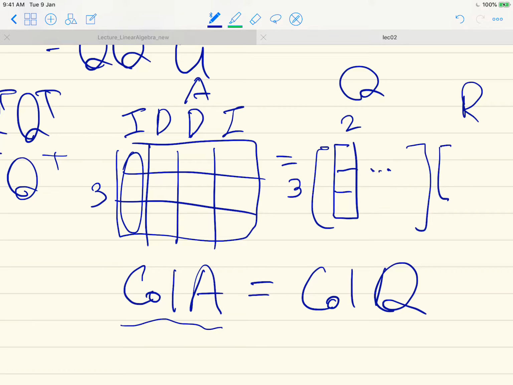So we can fill out the first column of R. So this is some normalization factor and all 0, right? So this is how we populate Q and R column-wise, right? So far so good?